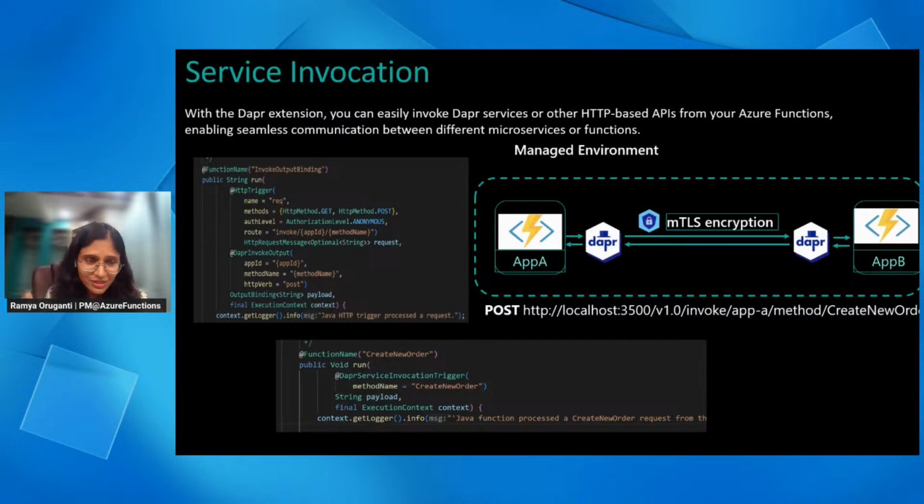It's pretty abstracted, and it's already supported in the Dapr SDK APIs, but that's been implemented or applied to a function app that is enabled with Dapr as well. And all this is possible using the app ID.